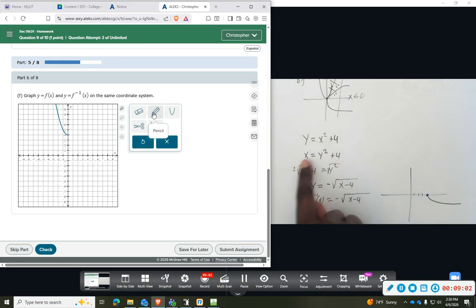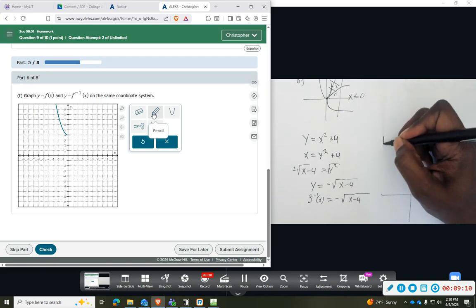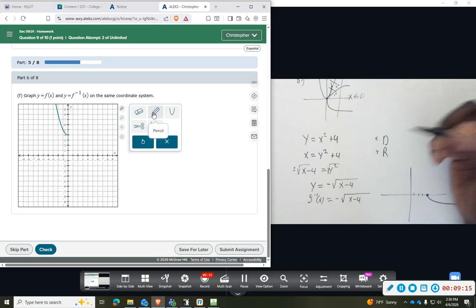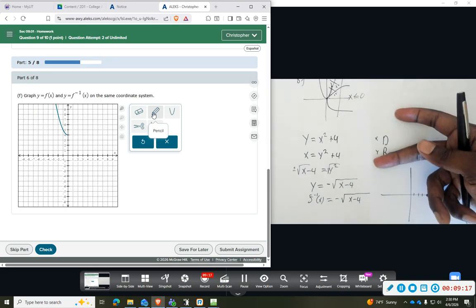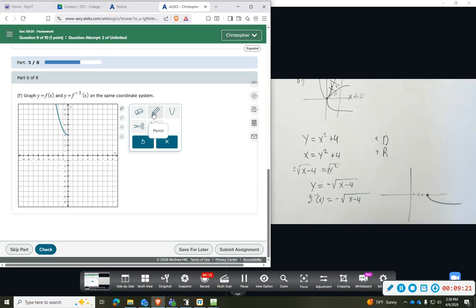Whenever you interchange x and y, your domain and range are changed. So domain is x, range is y. So when you flip-flop your x and y, you also flip-flop your domain and range. So we are going to be plugging in 4 and numbers greater on the x-axis. That's the same thing that we just noticed on our range a while ago.